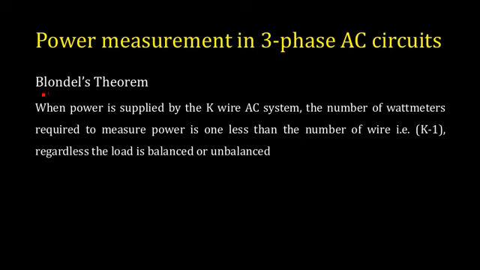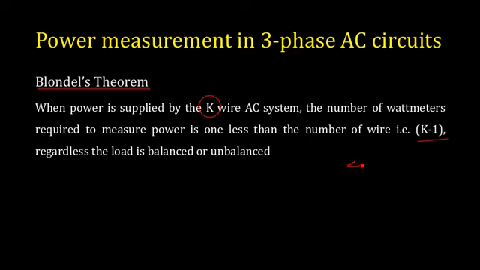So there's a theorem named Blondel's theorem which gives the minimum number of wattmeters required to measure power in a three-phase system which is having k wires. So if the AC system is having k wires, then the number of wattmeters required to measure power is k minus 1.